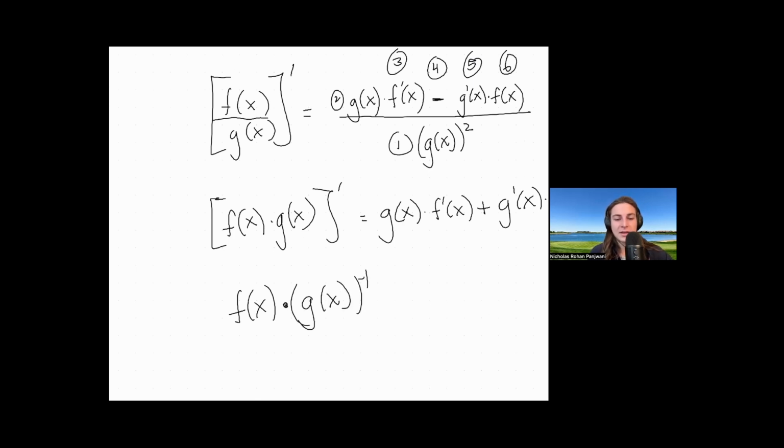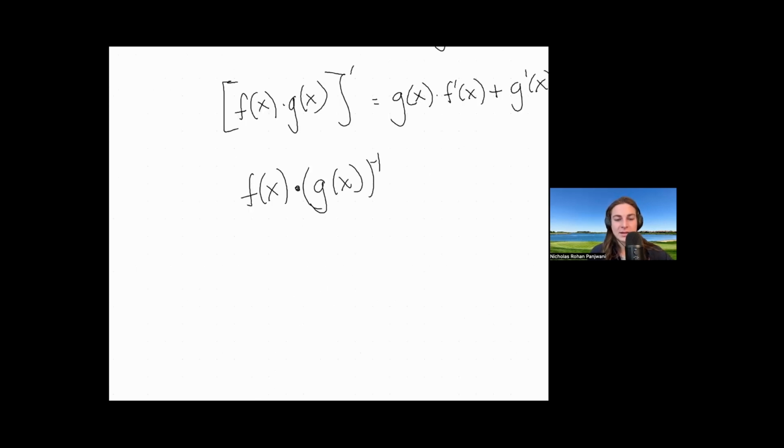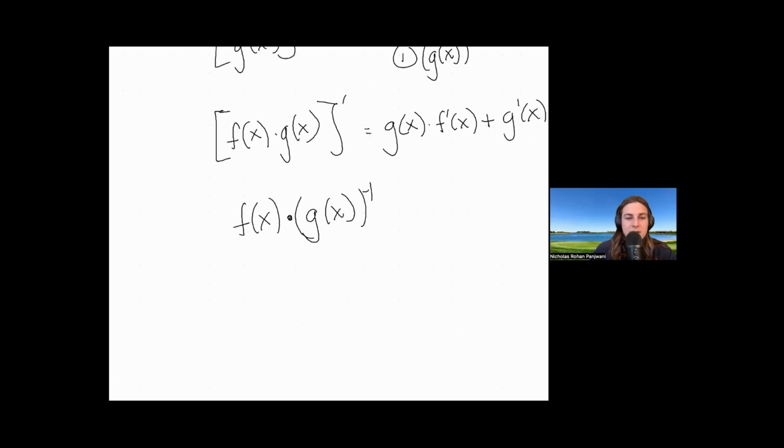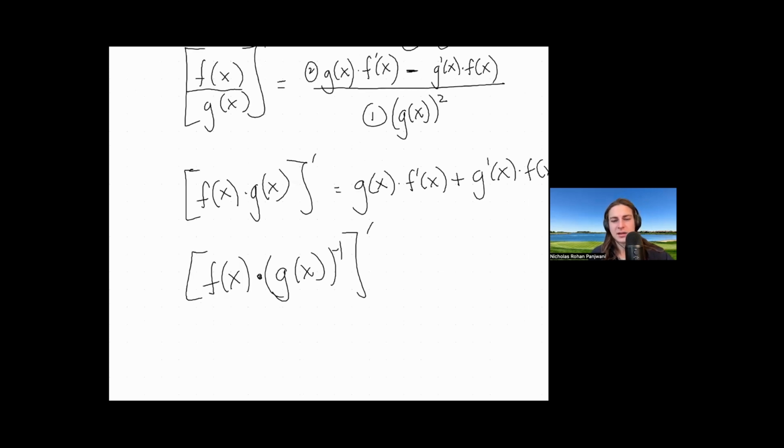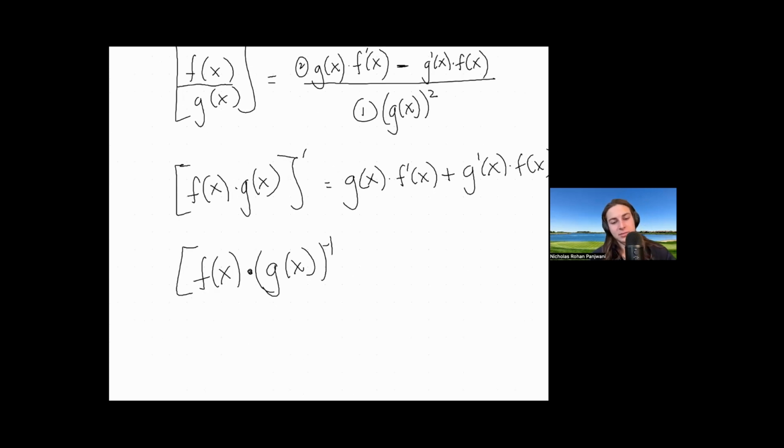So anything to the negative 1, x to the negative 1, is equal to 1 over x. We can explain why that is another time, but for right now, just bear with me. So f of x over g of x is equal to f of x times g of x to the negative 1. And again, we're taking the derivative of the whole thing.